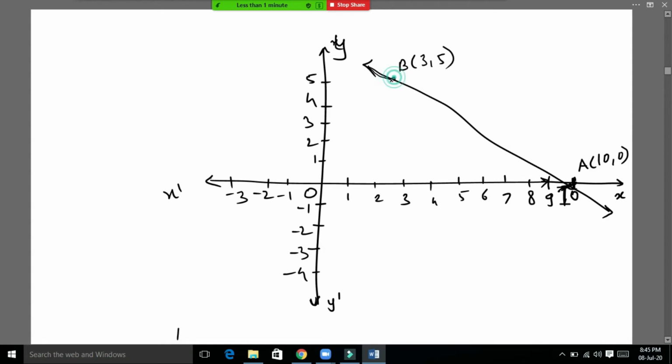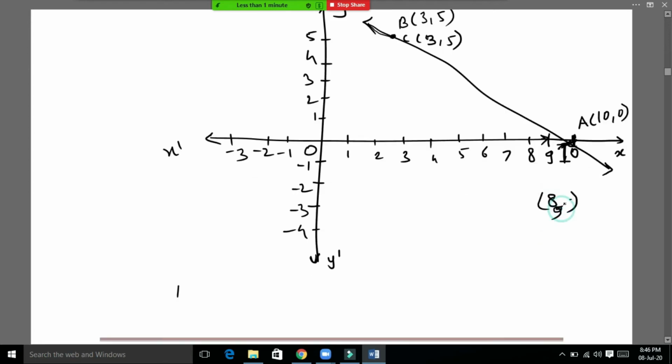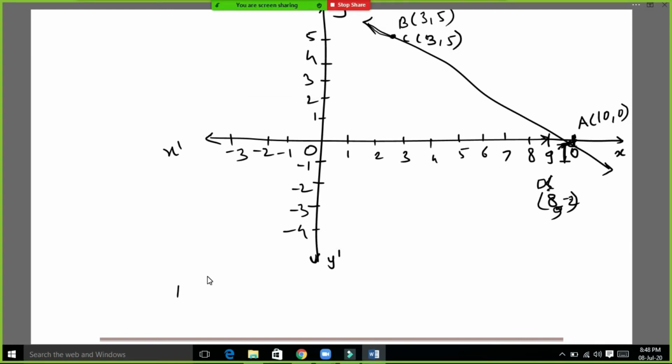So again at the same point we get C of (3, 5), and (8, minus 2) is the second point. So this is D of (8, minus 2). Now join these 2 points, that is C and D.